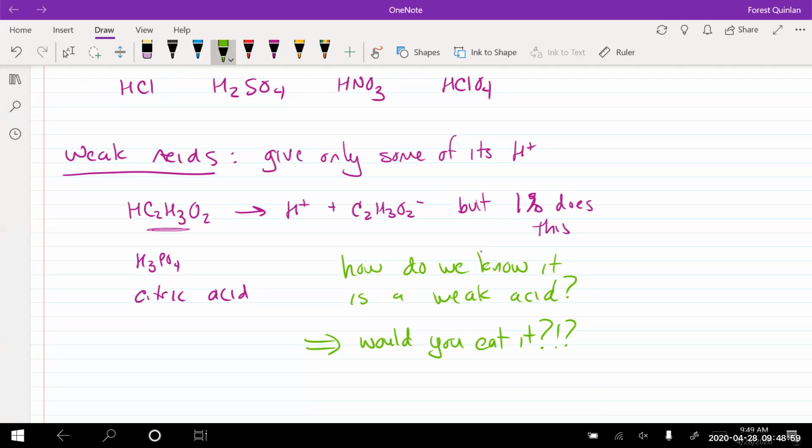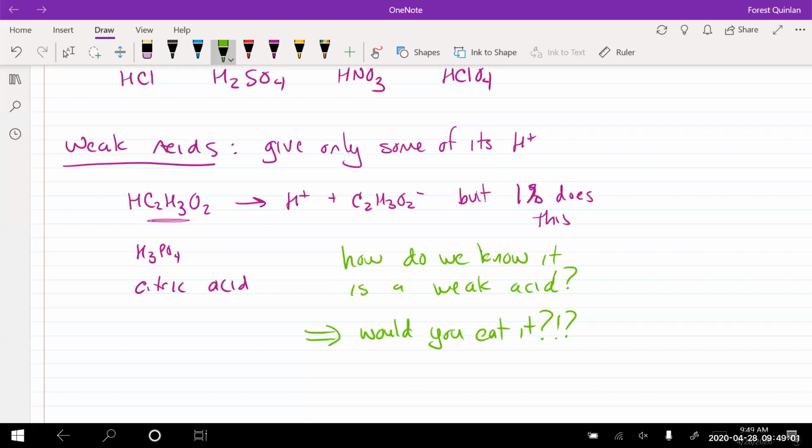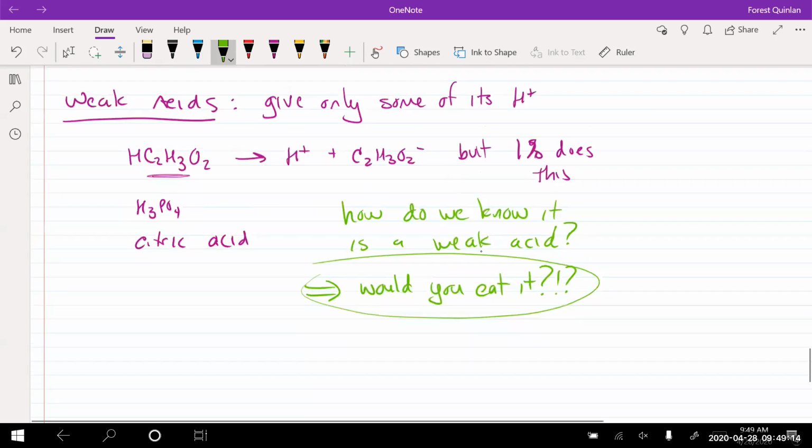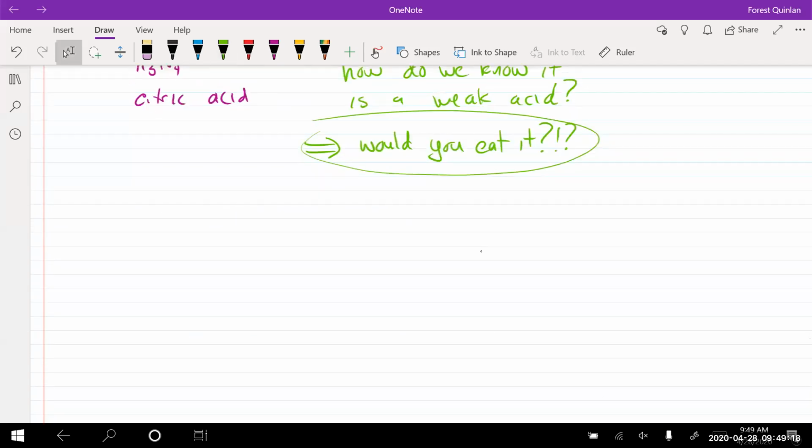Would I put that into my mouth and eat it? Vinegar, yes. Phosphoric acid, of course. Citric acid, I eat it all the time. So if the answer is, yeah, I'd probably eat it in one form or another, it's weak. Otherwise, those 4. But most of the acids out there are actually pretty weak overall.